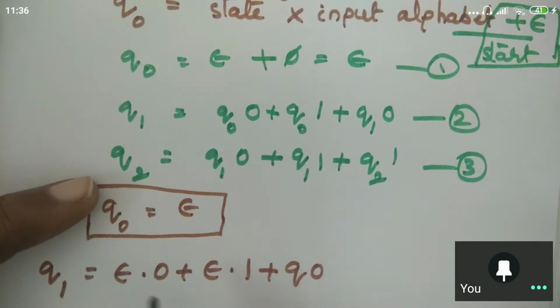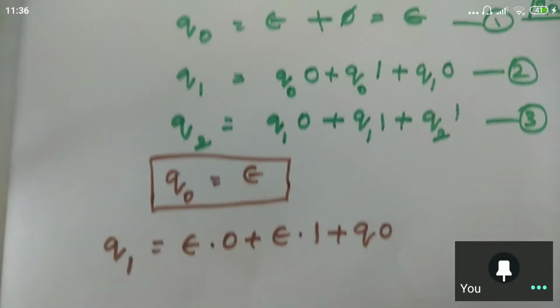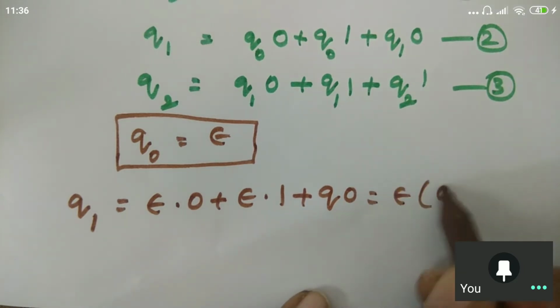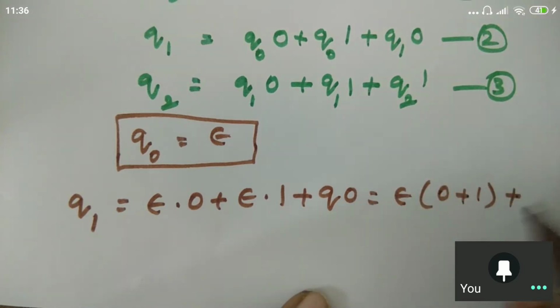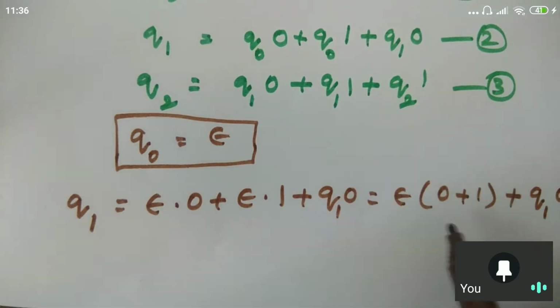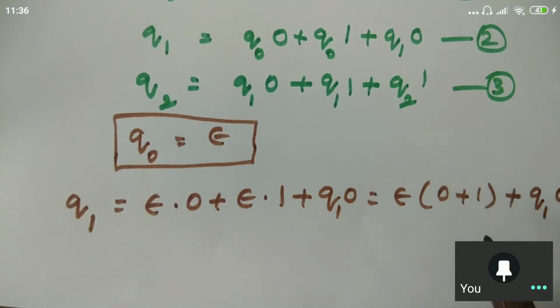Now let us simplify this one. Let us take epsilon as common, then I will have 0 plus 1 plus Q1 0, as it is. You should remember the equivalence, the identity rule: epsilon into P plus Q becomes epsilon into something. All the time you should remember the equivalence rules.